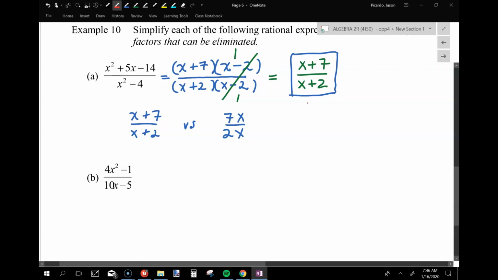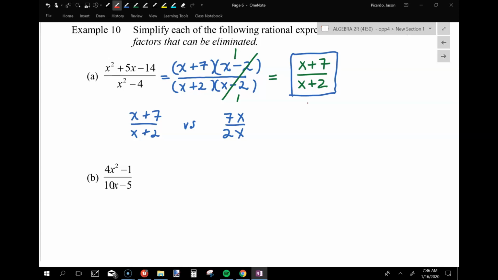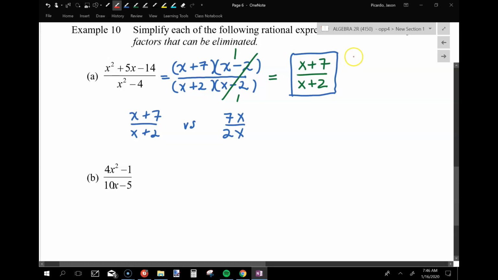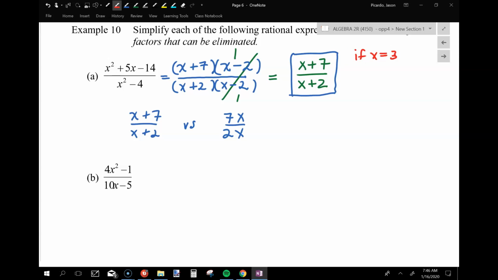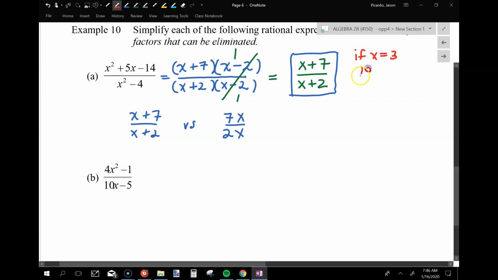Let's suppose for a minute that x equaled 3. If x equaled 3, what's the top of this fraction? Don't write this. You don't need to write this down. Just watch. If x equaled 3, what's the top of the fraction? 10. What's the bottom of the fraction? 5. So what do I get? 2.